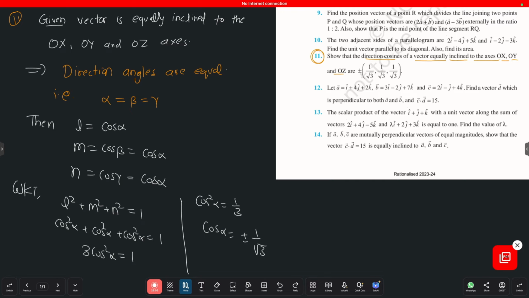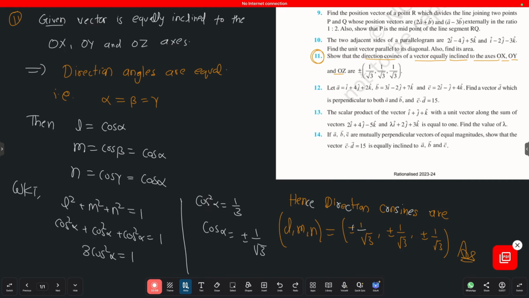So the direction cosines are plus minus 1 by root 3, plus minus 1 by root 3, plus minus 1 by root 3. I told you one shortcut for direction cosines, remember? Direction cosines are plus minus 1 by root 3, comma, plus minus 1 by root 3, comma, plus minus 1 by root 3. L, M, N.